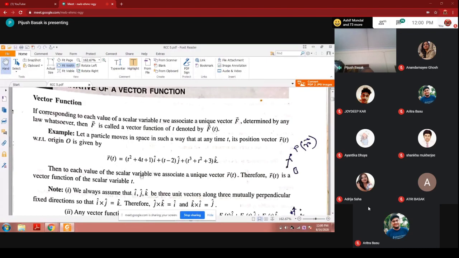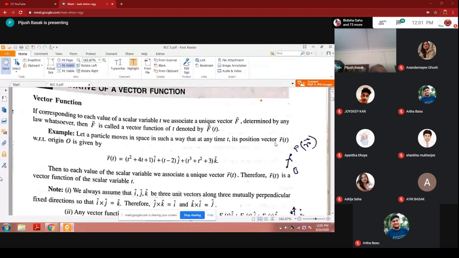So each value of the scalar variable is associated with a unique vector, therefore r(t) is a vector function of the scalar variable t. This is clear to everybody. So this is a basic concept. To each value of the scalar variable, we associate a vector r(t). r is the vector, dependent on the time t.